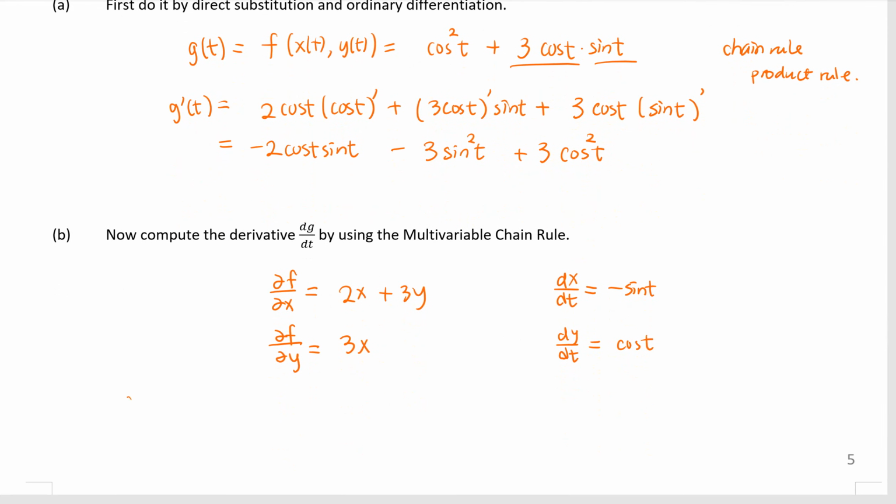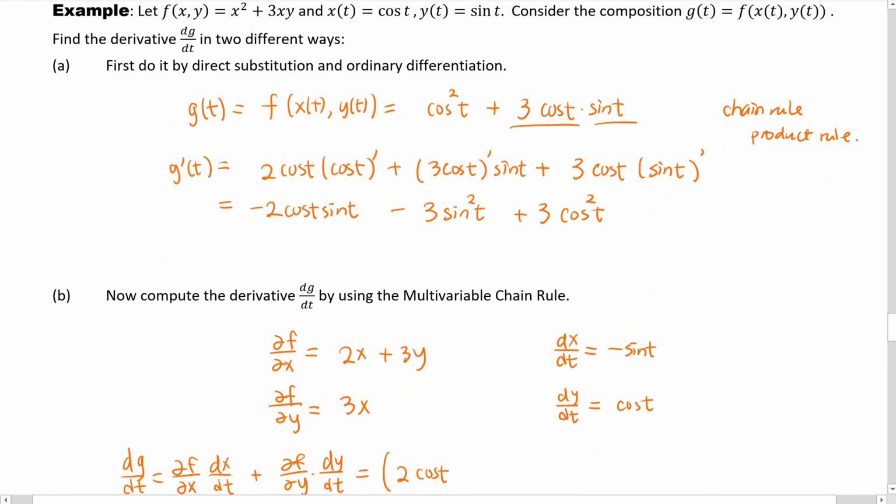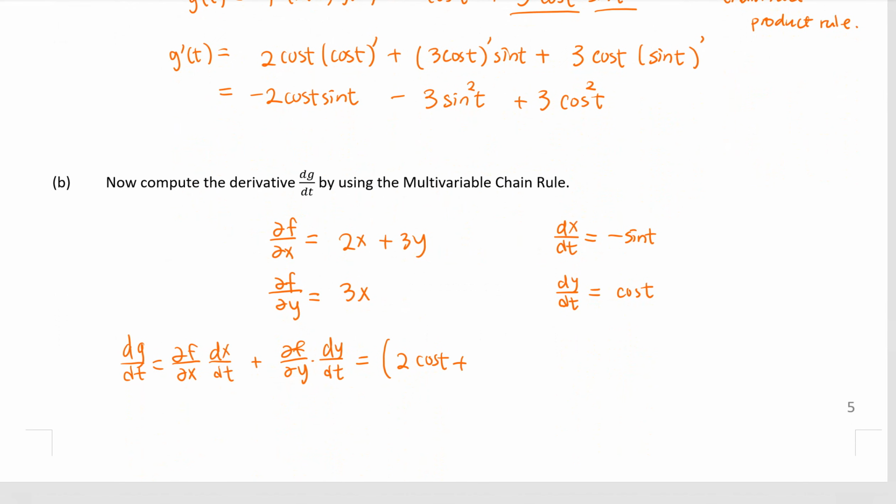So multi-variable chain rule tells us that dg dt is partial f partial x dx dt plus partial f partial y dy dt. Okay, but you also need to plug in what's your x, what's your y. So 2x, x is cosine t, y is sine t. So plus 3y, y is sine t.